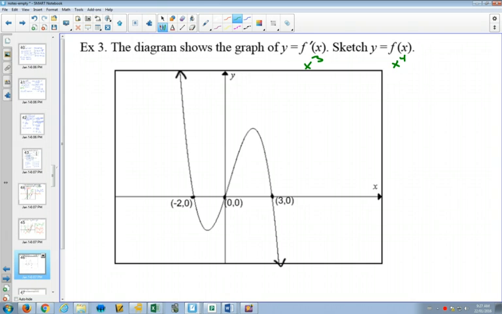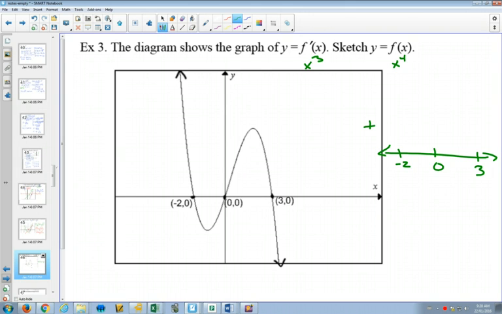What do we know about our derivative is right here. We know that our derivative is equal to 0 at -2, 0, and 3. So if we were in the process of graphing our x to the 4, we would have, with our first derivative test, said, I know it's equal to 0 at -2, at 0, and at 3. And since this is the graph of our derivative, before -2, our derivative is positive.